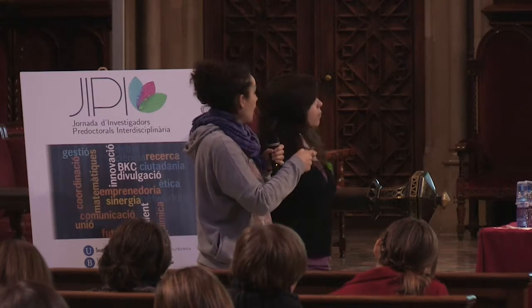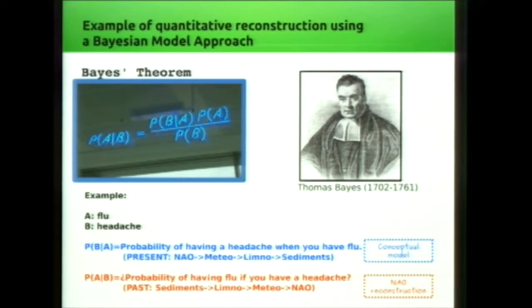Finally, using a Bayesian model approach, we can reconstruct the NAO. That is Thomas Bayes, an English mathematician who provided the mathematical expression of the Bayes theorem. And I'm going to explain that with an example. A, you have the flu, and B, you have a headache. So we know the probability of having a headache when you have the flu.